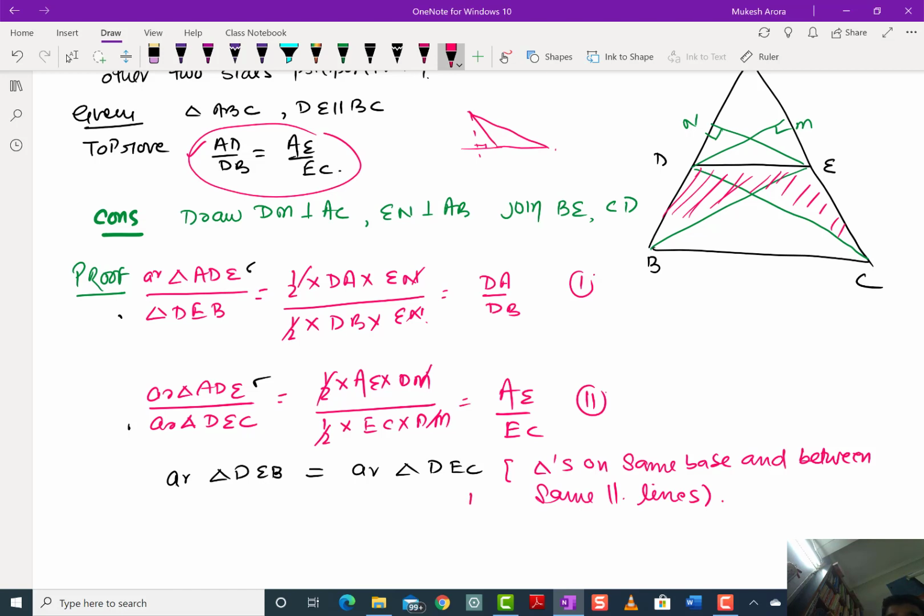So this is number 3. From 1, 2 and 3, it is proved that DA upon DB is equal to AE upon EC. Hence, this is our theorem.